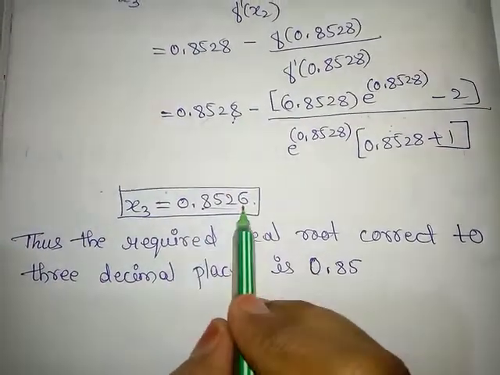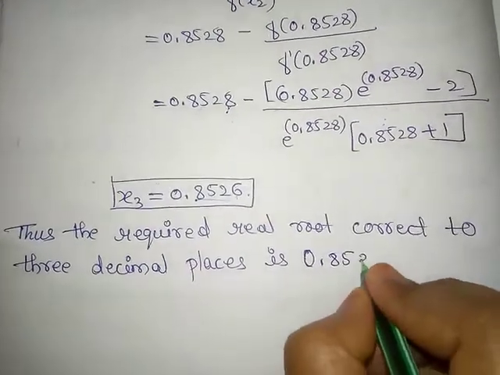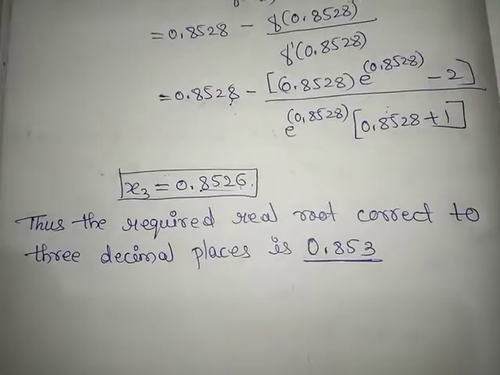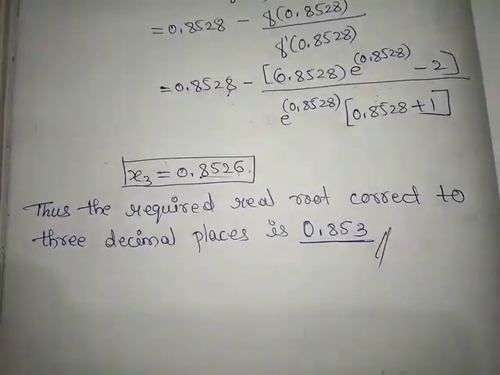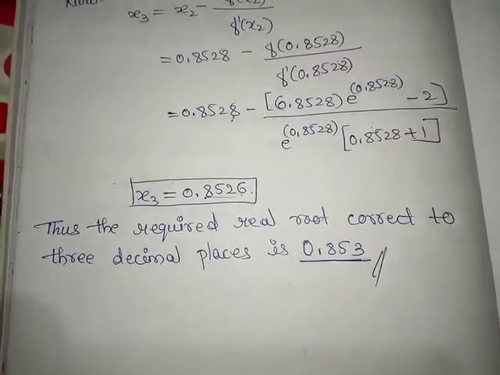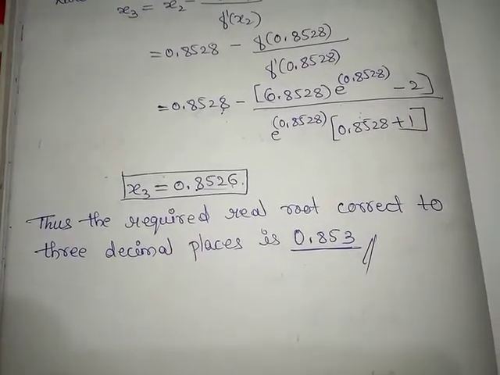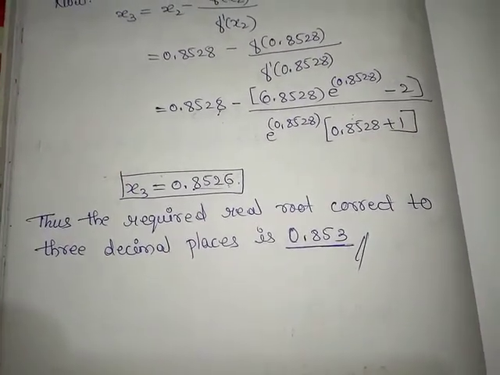Here we have 8, here we have 6, so this can be written as 0.853, which is our required result. This is how we have to solve the examples using the Newton-Raphson method.